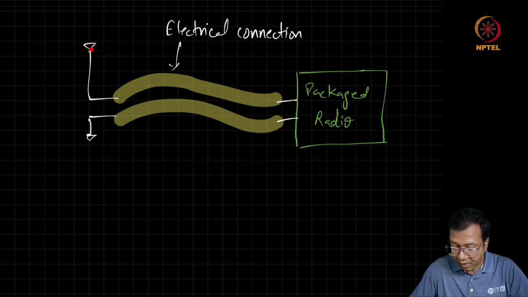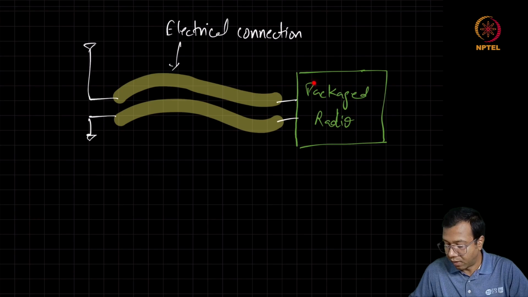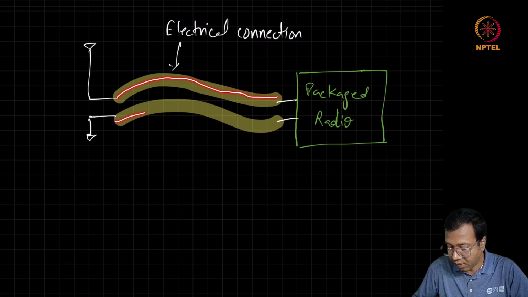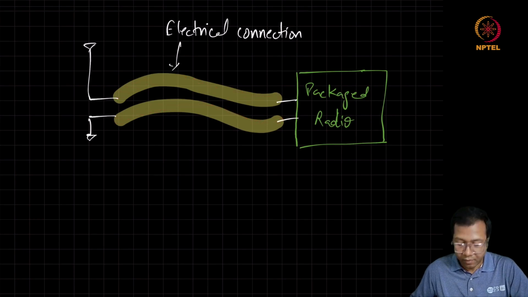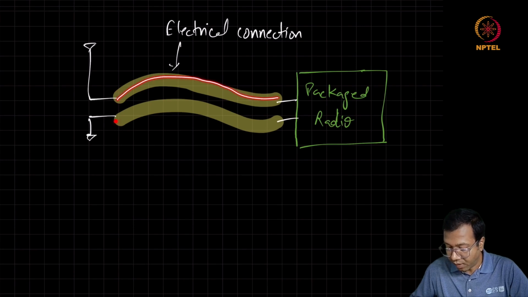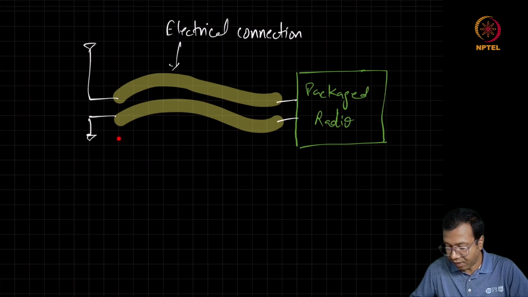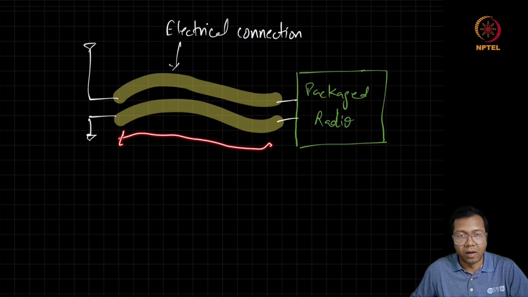You can have the antenna placed much farther from the actual electronics. The question is, can we assume this electrical connection between the antenna and the radio as a simple short circuit, or do we need to model it more accurately so as to capture any artifact which can be added by this electrical connection?